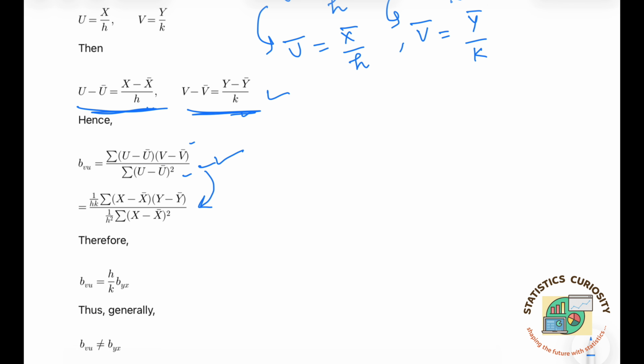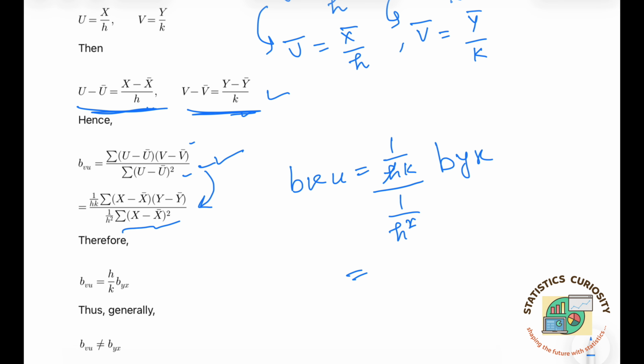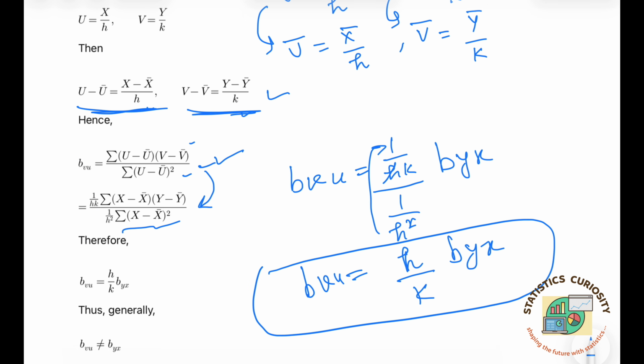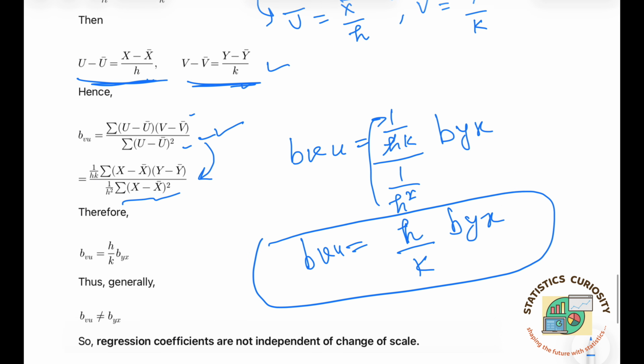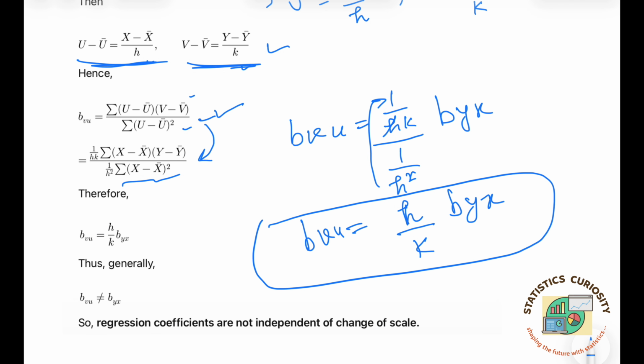In this way, your bvu is actually 1 upon hk divided by 1 upon h square, and this remaining thing is byx. So the h will be at this place, so it will be h upon k times byx. So you can see that bvu is not directly equal to byx. It is now bvu equals h upon k byx.